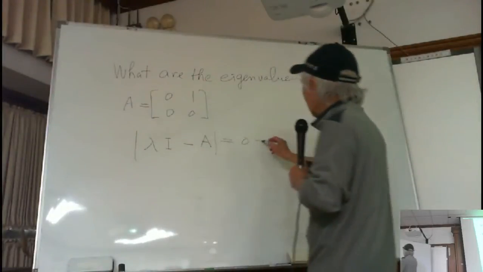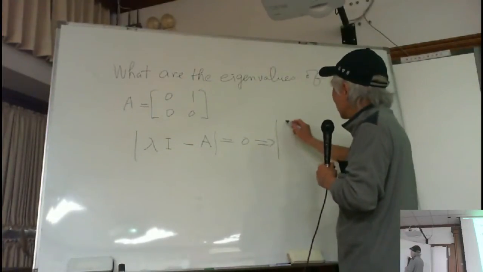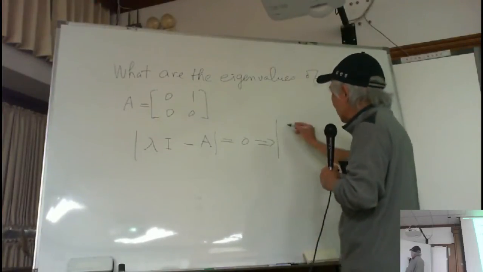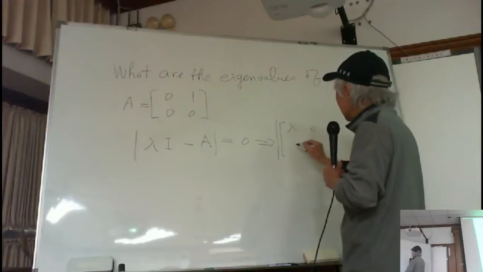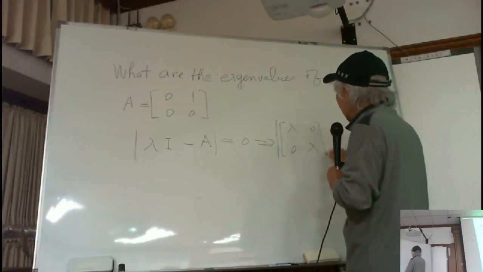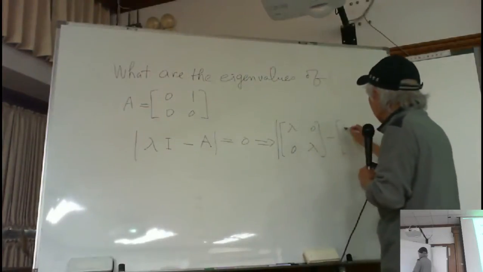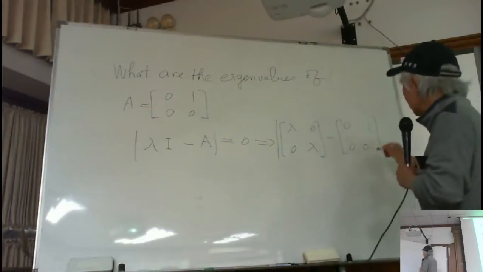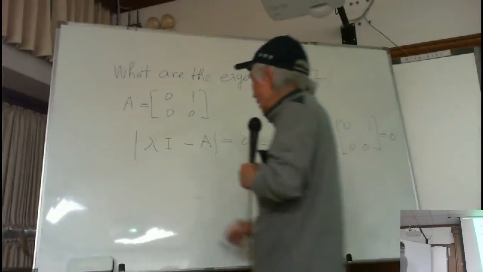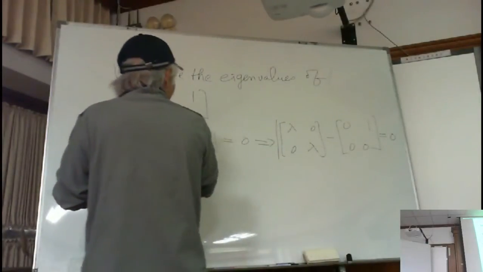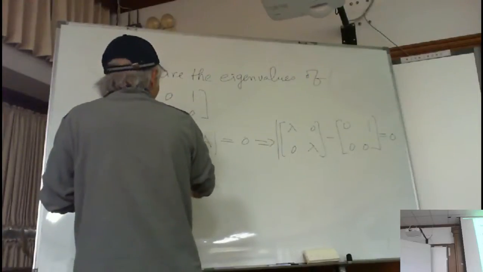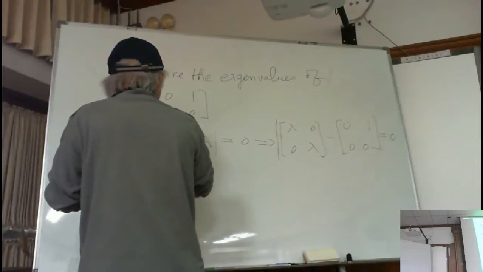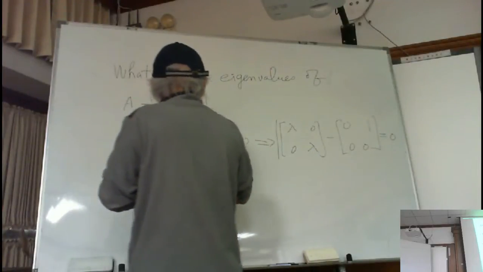That is the determinant of lambda 0, 0 lambda minus 0, 1, 0, 0 equal to 0. That is lambda, 1, 0, lambda minus 1, then determinant equal to 0.